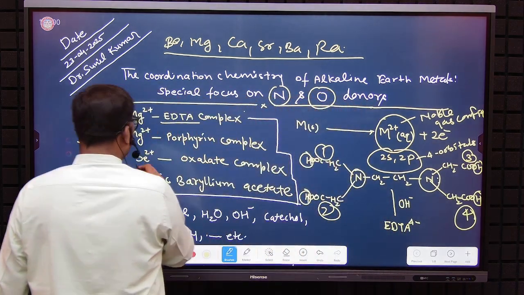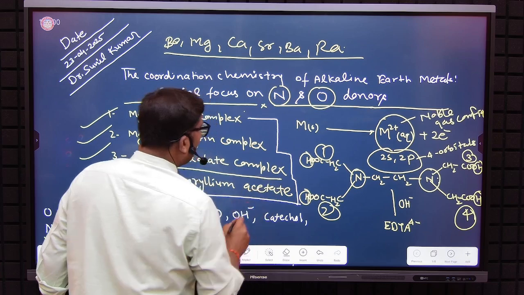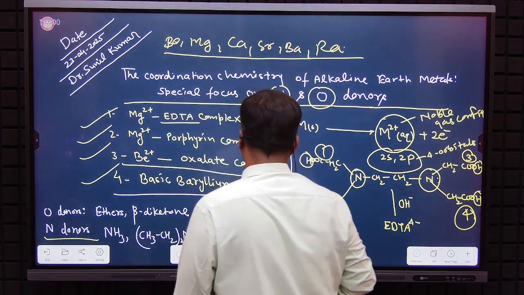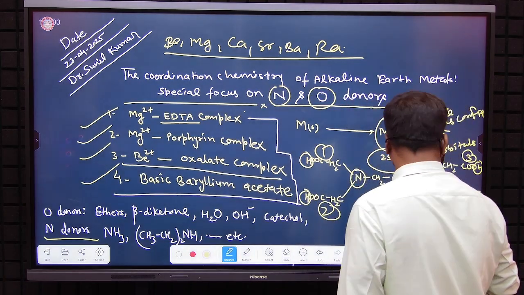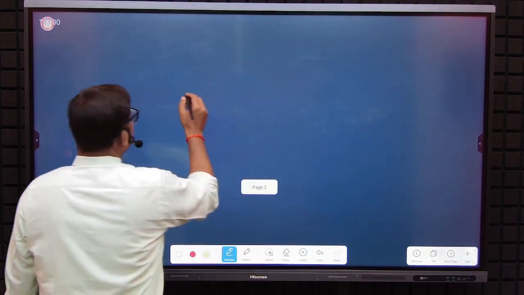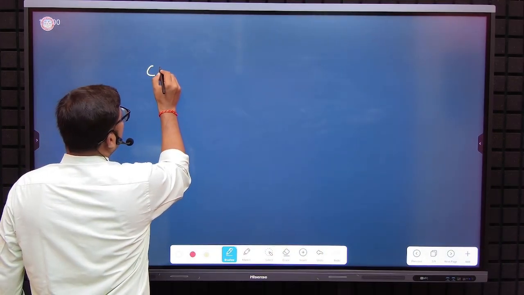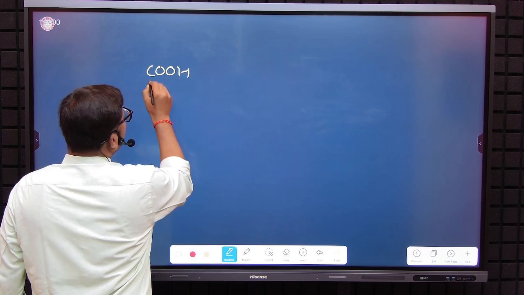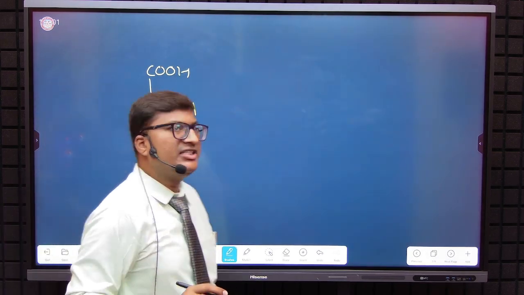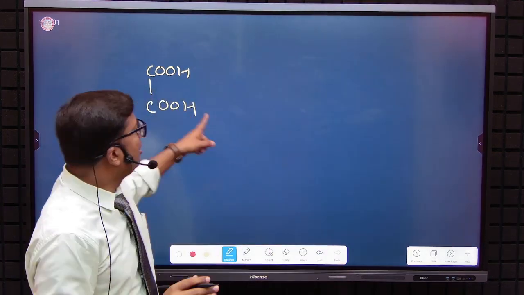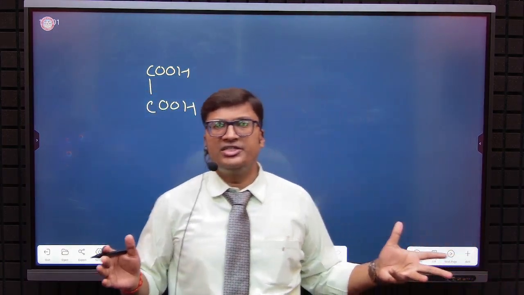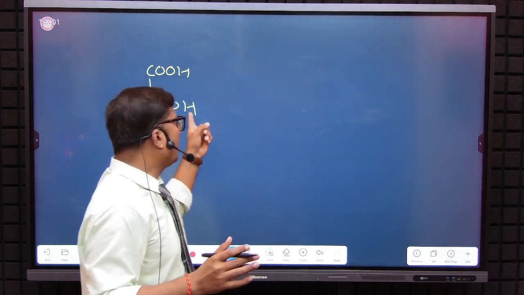Now, you know the beryllium 2 plus oxalate complex and basic beryllium acetate. And what is the beryllium 2 plus oxalate complex? Oxalate means C double bond O, OH. This is your oxalic acid. In the acid form, it has two hydrogen atoms, so that provides acidity to this particular organic compound.